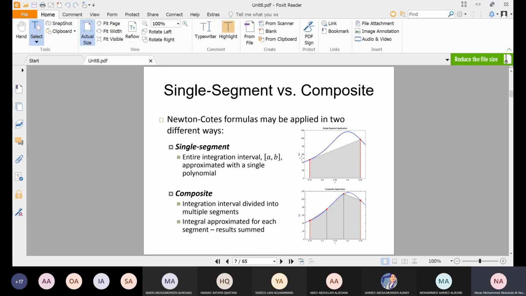As you can see, when we use a single segment, we usually ignore a significant area under the graph. In this case, if the graph contains curvature, or large peaks or deep peaks, using a single segment will cause a huge, significant error.